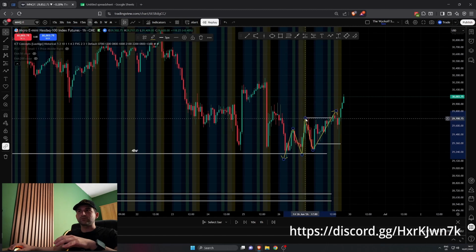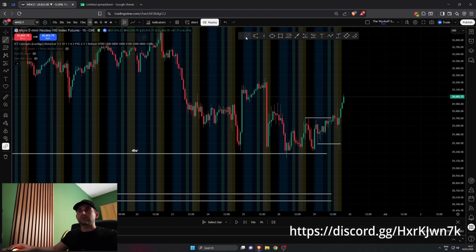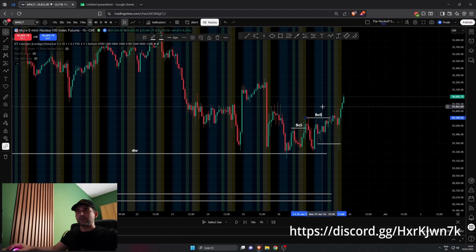It made 2. So let's mark them up. Break of structure, break of structure. So now I know that on the higher time frame, on the 1-hour, price is still bullish. It is still ticking off my boxes for me to take the long setup.